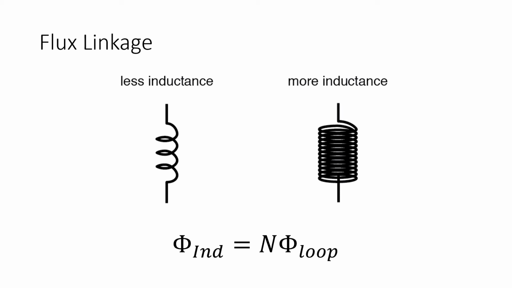So normally we model inductors as these coils, these solenoids. The more coils they have, theoretically, the more flux that goes through it. And so flux linkage is this kind of intuitive reasoning that the total flux through this inductor will be more the more loops that it has, right? Because there's more flux going through it.